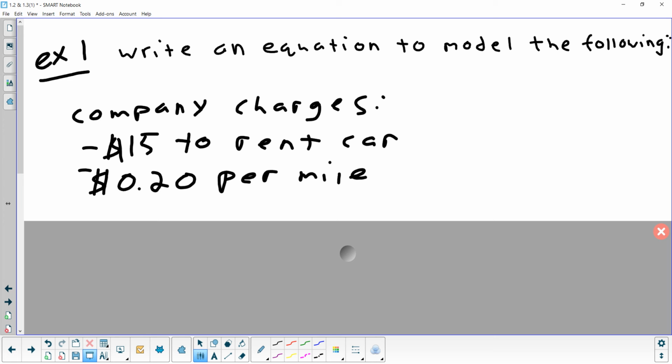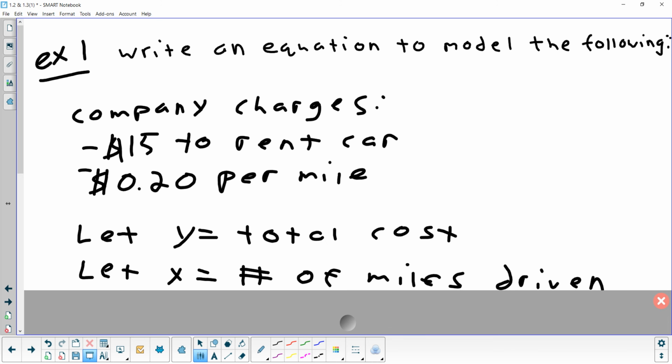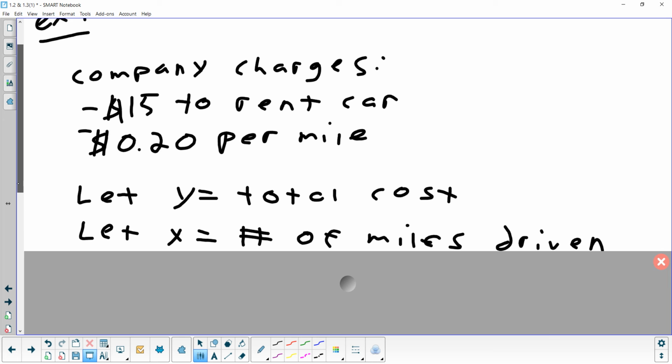And what does that determine? How many miles you drive helps to determine the... Yep, Jake? The final cost. The cost. So those are the two variables. We're going to do a little bit with graphing, so let's use x and y. So y is the total cost, and x is the number of miles driven.